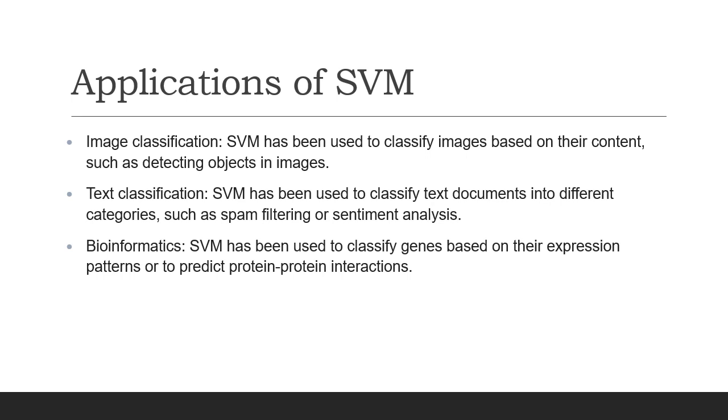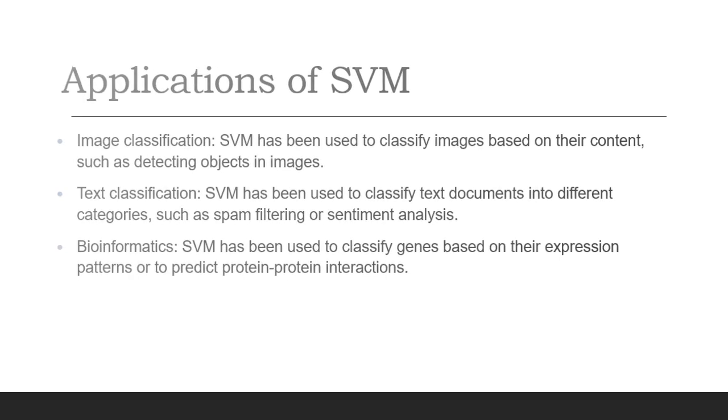Text classification: SVM has been used to classify text documents into different categories like spam filtering or sentiment analysis. Then bioinformatics: SVM has been used to classify genes based on their expression patterns, or predict protein interactions.